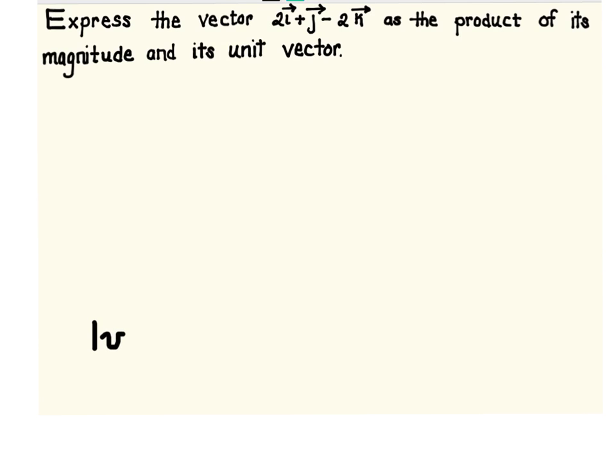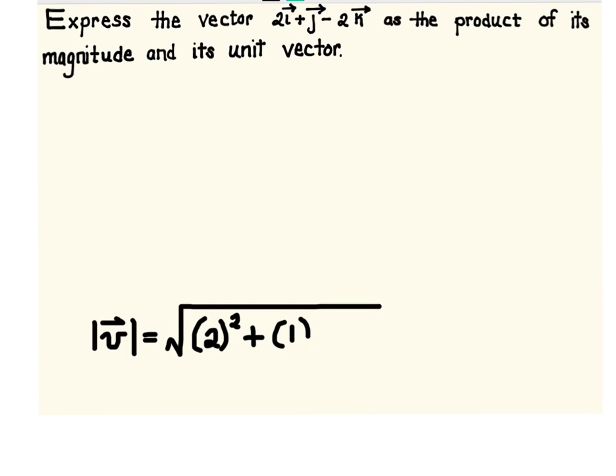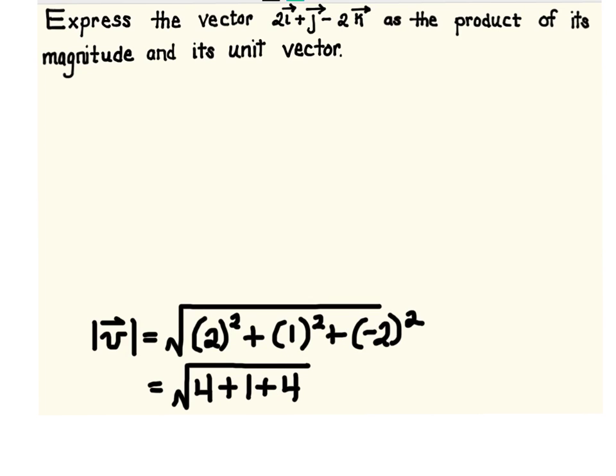So here's our vector v, and its magnitude is the square root of 2 squared, that's from the i component, plus 1 squared, that's the j component, plus negative 2 squared, which is the k component. And that's equal to the square root of 4 plus 1 plus 4, which is the square root of 9, which is equal to 3.